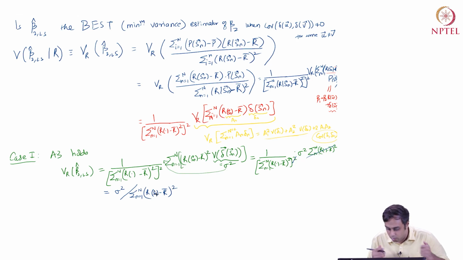Now it starts to appear, if A3 were to be violated, or if A3 does not hold, where will the difference apply? Well, the difference will apply in that these covariance terms will no longer be 0 if A3 is violated. So that is something we are going to look at as the next case.